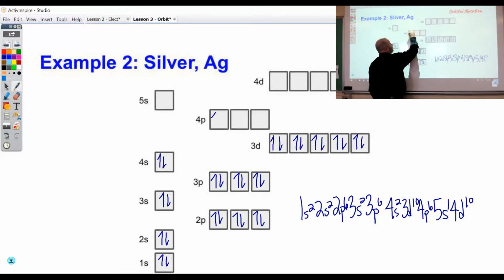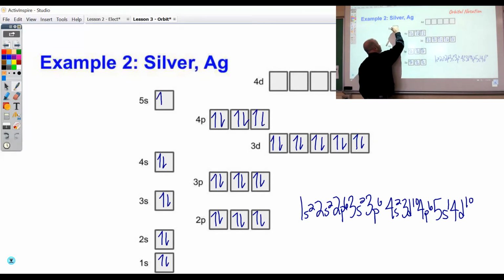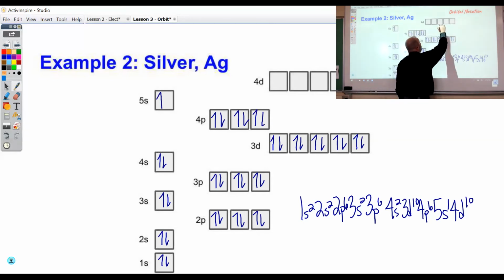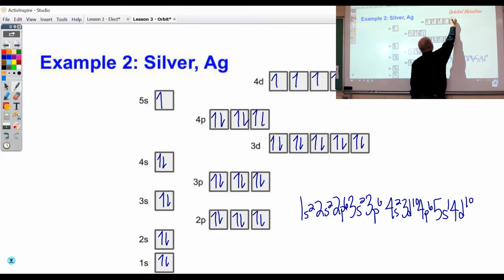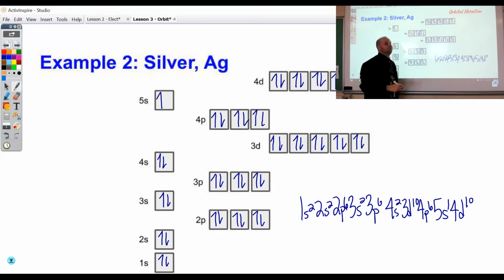In the 4p, we have 6. In the 5s, we have 1. And then in the 4d, we have 10.